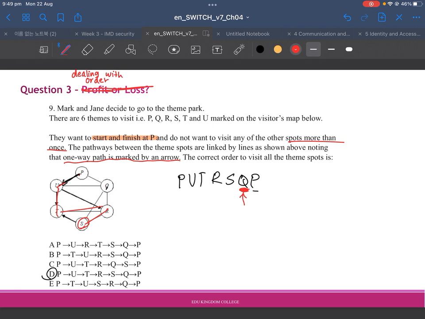Then we saw that the next one has to be S, because S is the only one with two lines connected, with one of them to P, meaning that one route is to Q. That's how we should normally tackle the question.